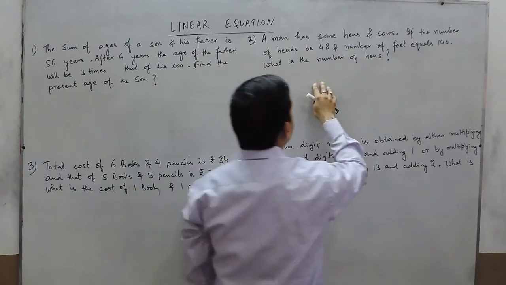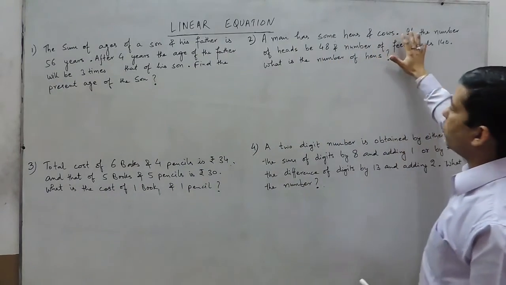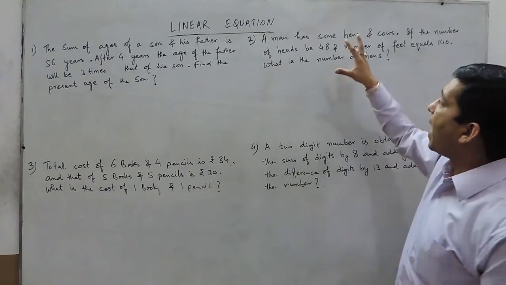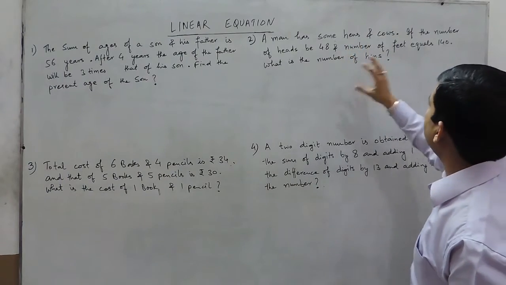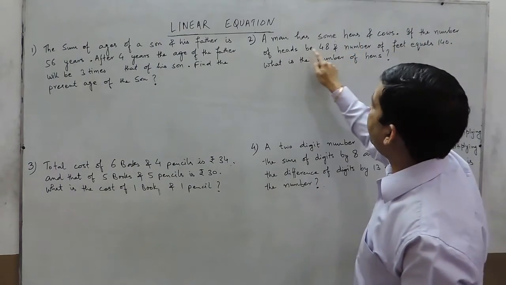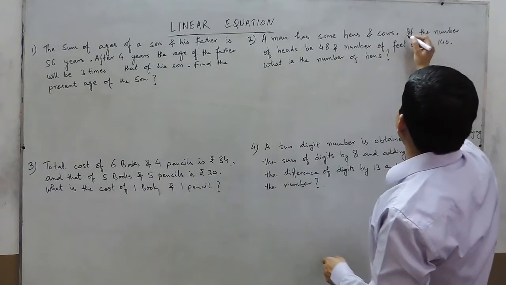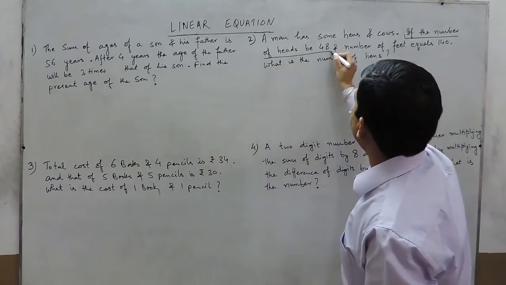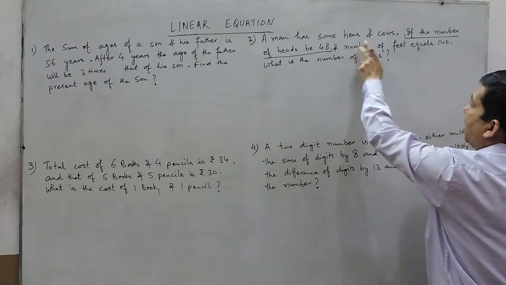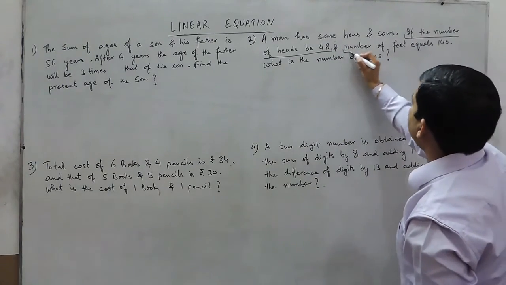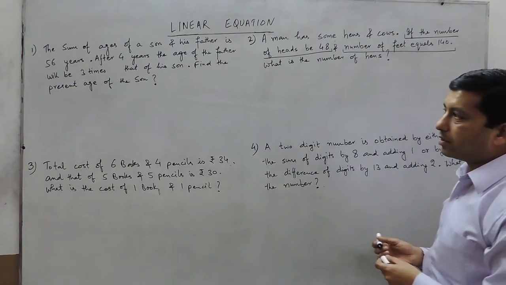If we talk about this, a man has some hens and cows. This will not be considered as a statement for numbers. But if the number of heads be 48, this can be considered as one statement. And the number of feet equals 140, this is considered as another statement.